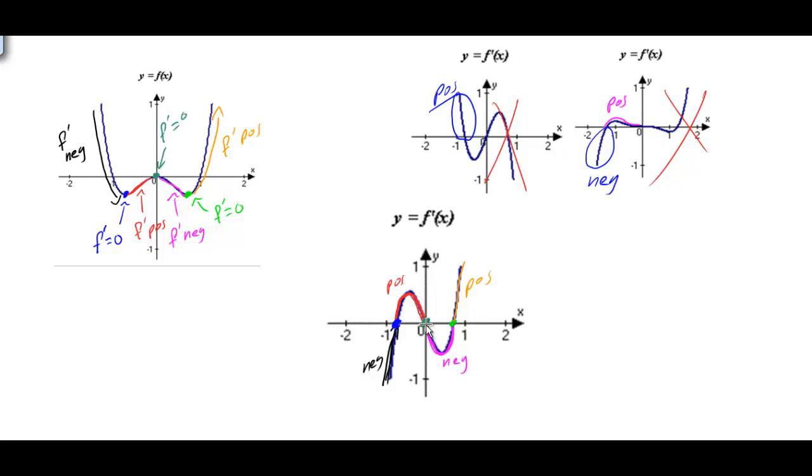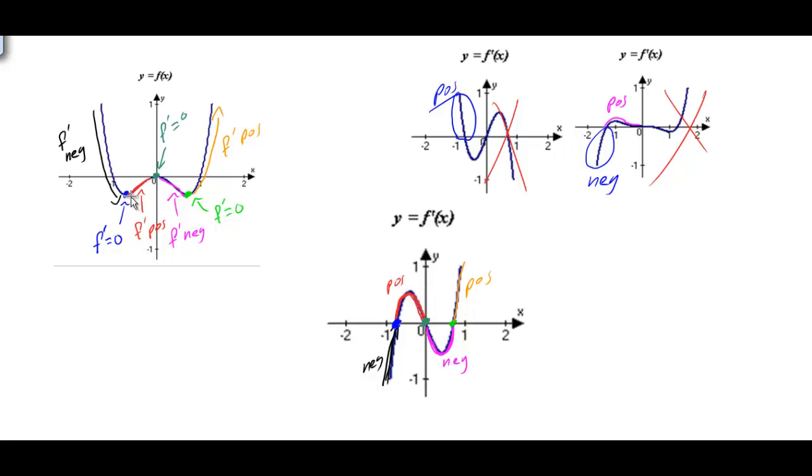So at the blue and the 2 greens, our derivative is going to cross the x-axis because it is 0. And if we look at the first part of our graph that's in black, we have a negative slope, so therefore that part of the derivative is going to be below the x-axis because it's negative.